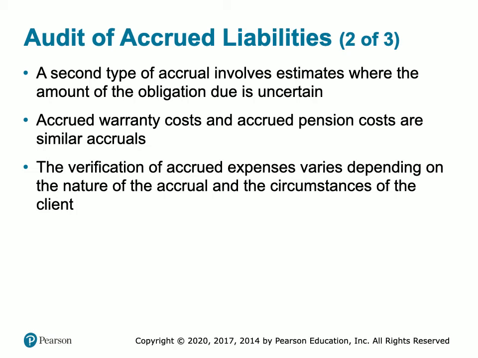Okay. So there are many types of accruals, and so we're not going to go through audit procedures for each of them, but you should be aware of the types of accruals and think about the potential liabilities that the client could have based on their business model, right?